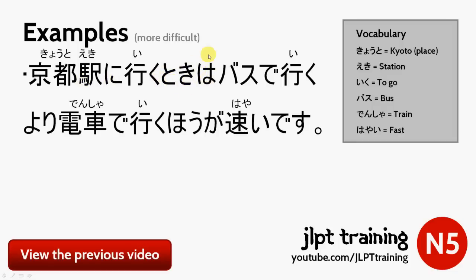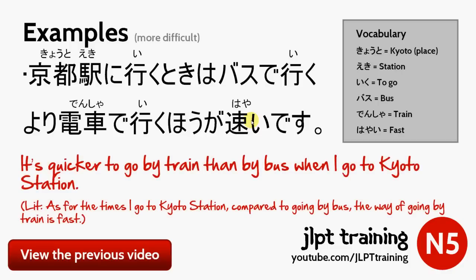So, of course, wa, the topic particle here. So, as for when I go to Kyoto station, bus de iku yori, going, in comparison to going by bus, densha de iku hou ga, the way of going by train is fast. So if you haven't worked it out yet, this is the translation: it's quicker to go by train than by bus when I go to Kyoto Station. And of course you can rearrange that to: when I go to Kyoto Station, it's quicker to go by train than by bus.